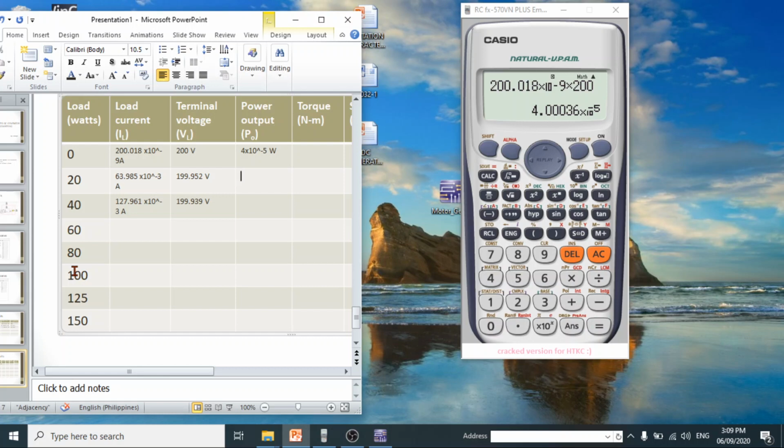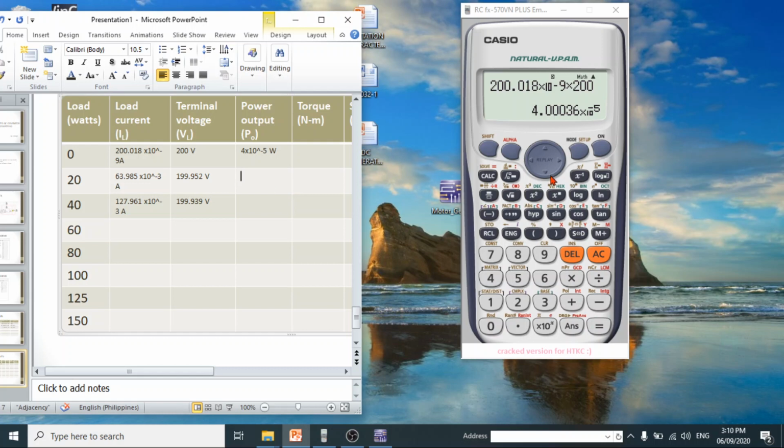So this does not mean that this is the power output of the DC generator. It means that we try to increase the load wattage of the lamp, and then we examine what happens to the generator once we increase the wattage of the connected load.